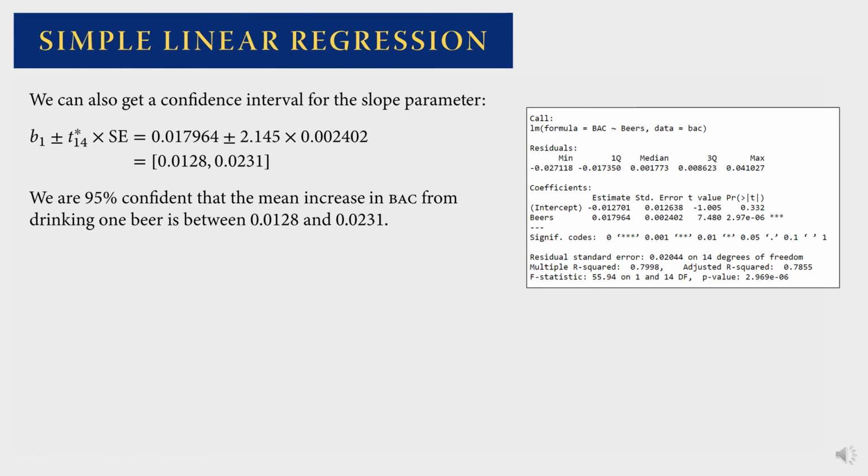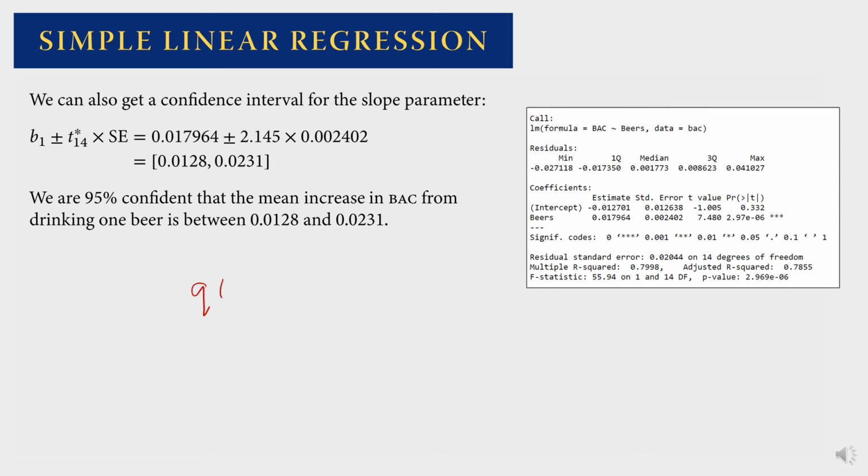We can use the standard error to create a confidence interval for a parameter. It's the estimate plus or minus the t-critical value times the standard error. In this instance, I want a 95% interval, so I'll use the 0.975 quantile from a t-distribution with 14 degrees of freedom.